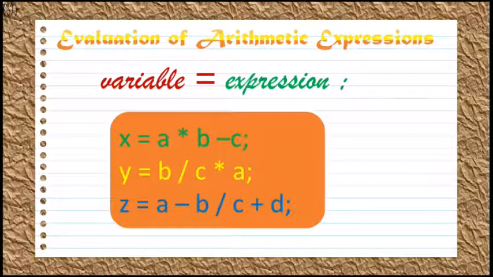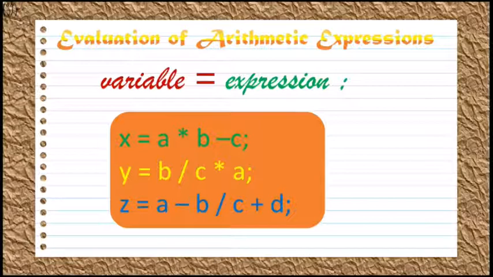Examples of evaluation statements are: first one, x equal to a into b minus c semicolon. Second example, y equal to b divided by c into a and then semicolon. Another example is z equal to a minus b divided by c plus d and then the last semicolon.